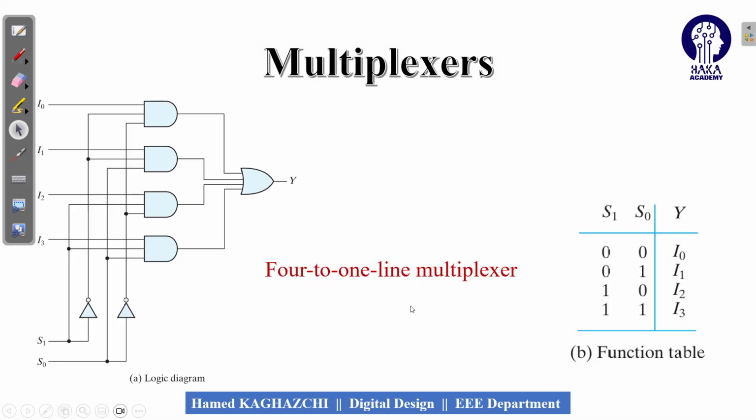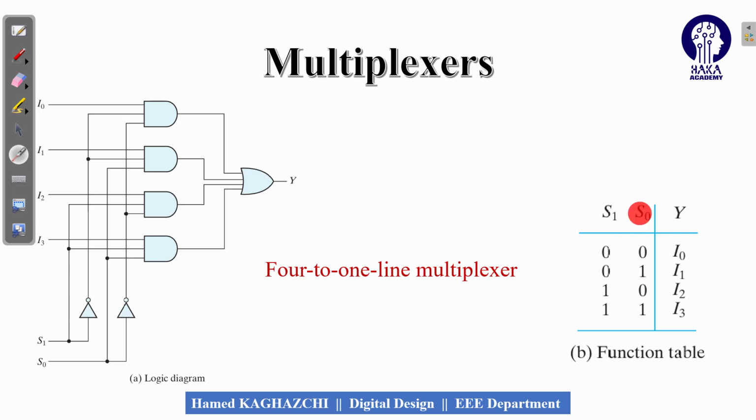Now similarly, if we have the 4 to 1 line multiplexer, the function table for the 4 by 1 multiplexer is something like that. As you can see, because we have a 4 to 1 line multiplexer, the number of inputs is 4. It means that we have to have 2 control lines and 1 output.